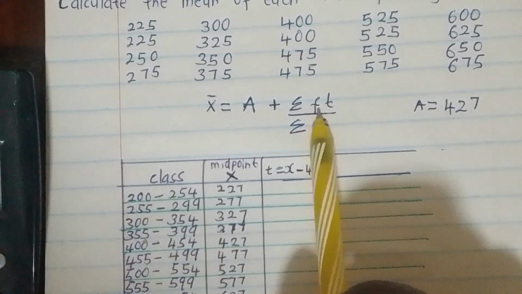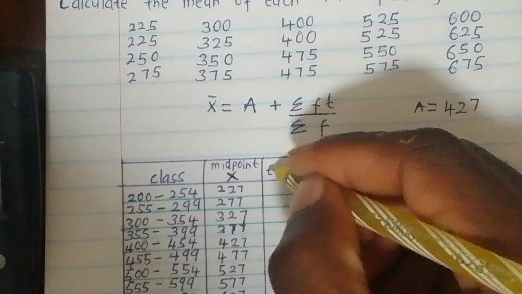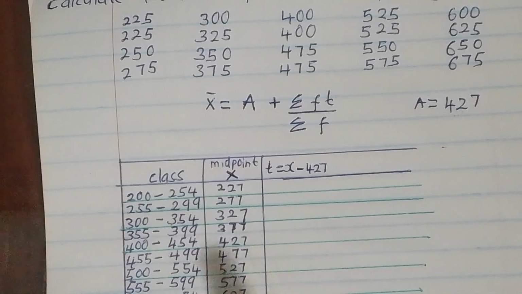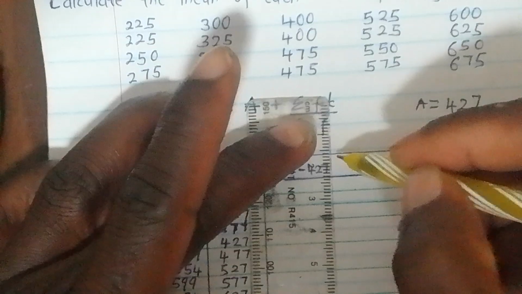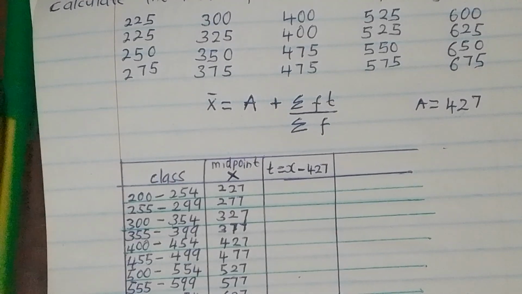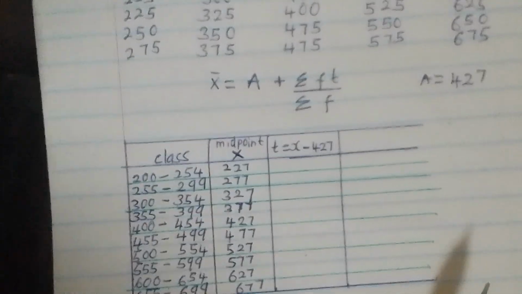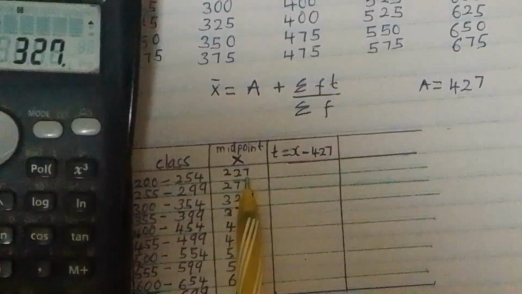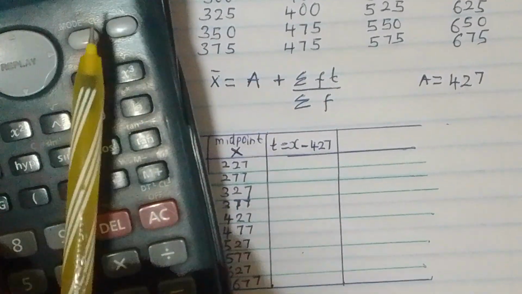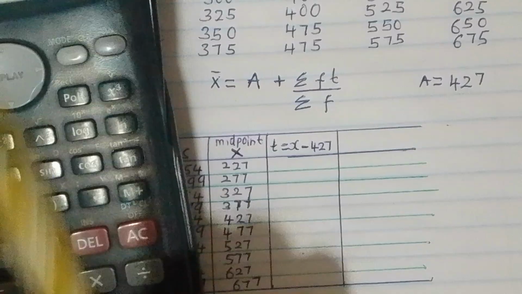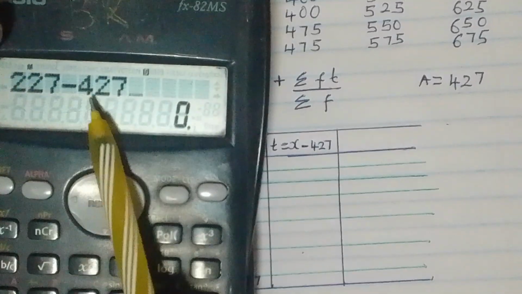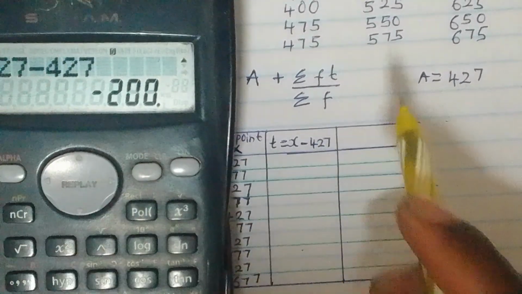T will help us in finding FT, so let's find T first. X is 227, subtract 427. 227 minus 427, we get minus 200.